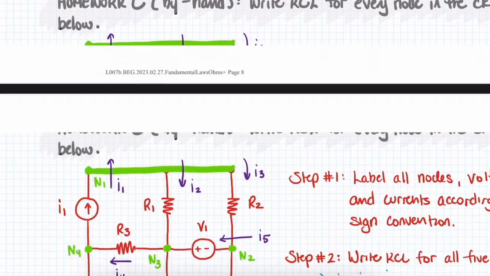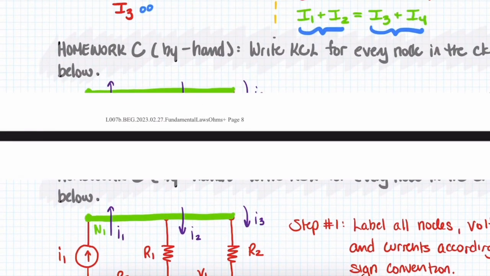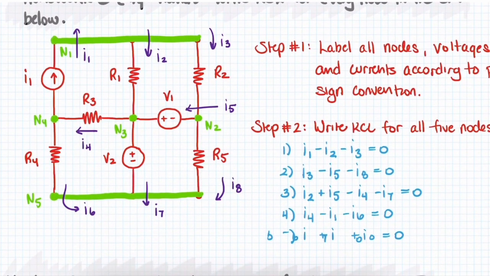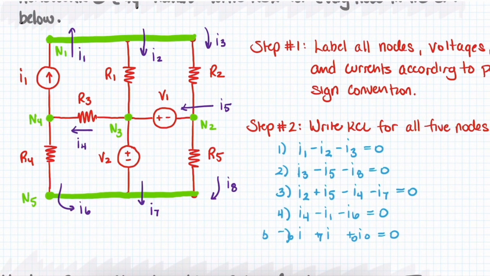So let's take a look at another mini homework problem here. We want to write KCL for every node in the circuit below. All right, so here's our circuit. Now, I think one thing we haven't gotten too much into is proper labeling of nodes. And that's something we're going to talk about a little bit later.